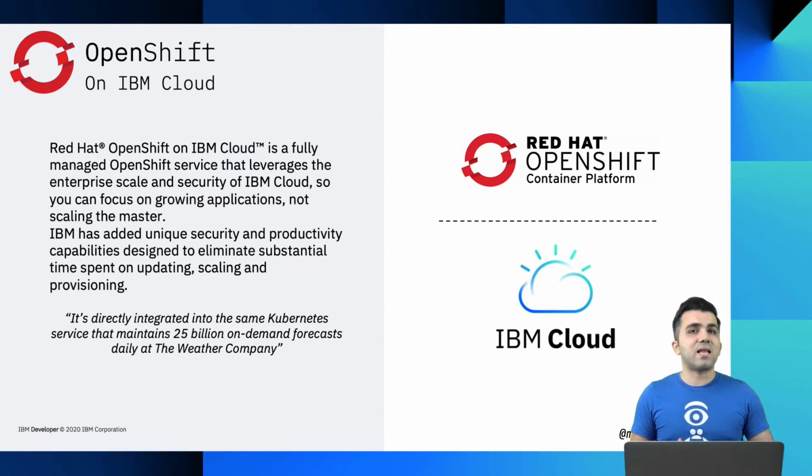This managed environment allows you to focus on developing and managing your applications while IBM basically handles the infrastructure. Additionally, IBM is delivering the resiliency to handle unexpected surges and protect against attacks that lead to financial and productivity losses. You may be interested to know that OpenShift on IBM Cloud is directly integrated into the same Kubernetes service that maintains 25 billion on-demand forecasts daily at the weather company.